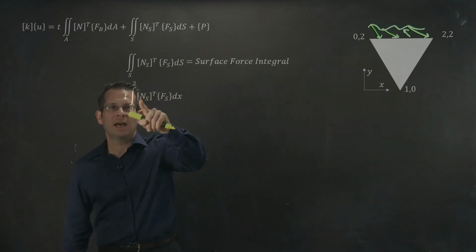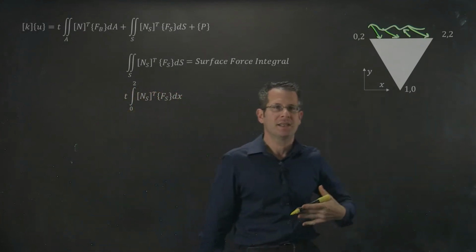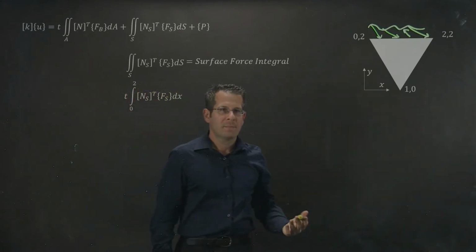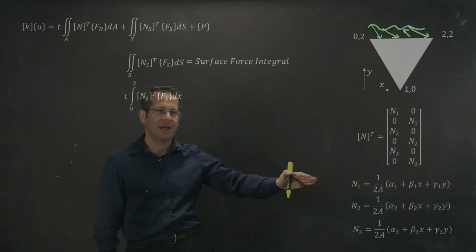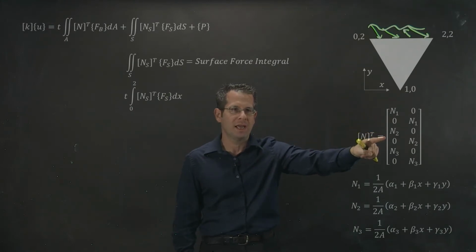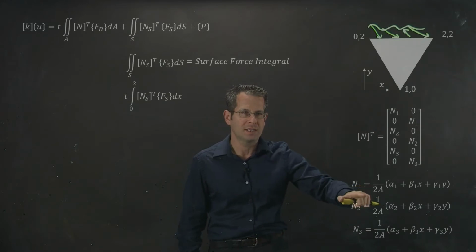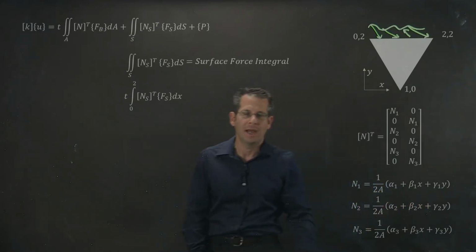I mentioned that this shape matrix is different than the shape matrix I had for the volume integral. My generic shape matrices are of this form. I had this up in the last video. Notice that these various terms, N1, N2, and N3, are made of equations where I have a linear equation in terms of x and y.